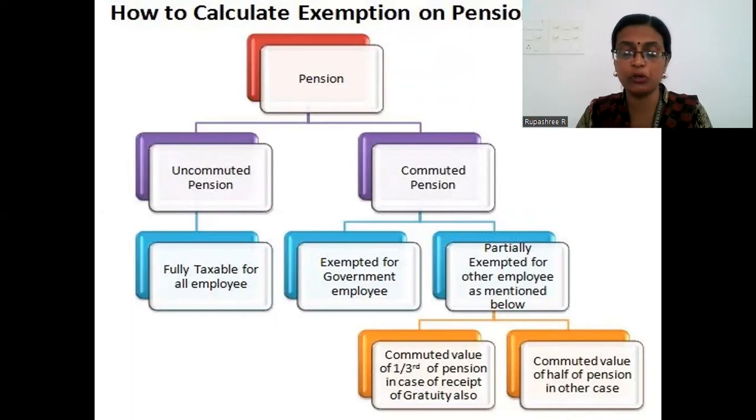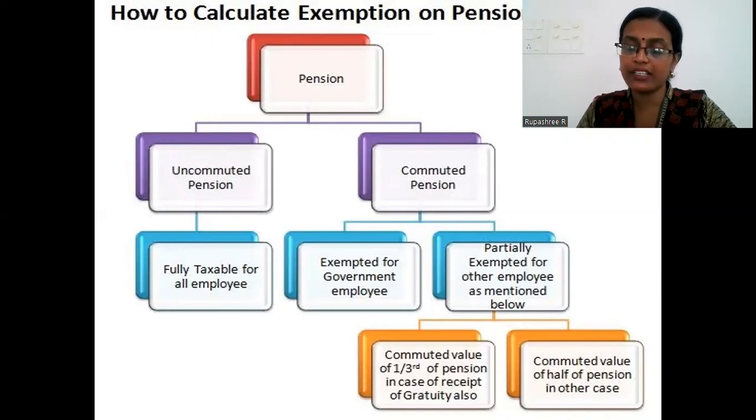In the case of commuted pension, the lump sum amount that you receive at the time of retirement, it can again be classified for a government employee and a non-government employee. If you are a government employee, the entire commuted pension received in hand at the time of retirement is exempt from tax as per the Income Tax Act 1961.